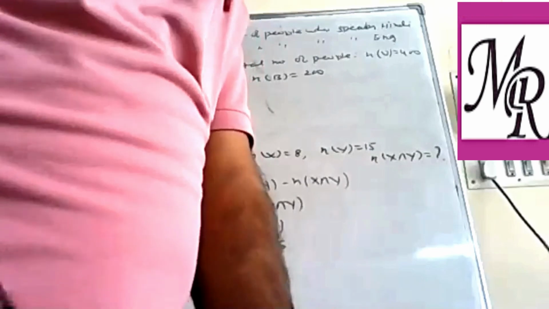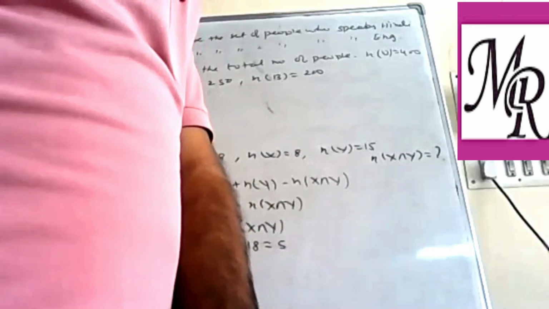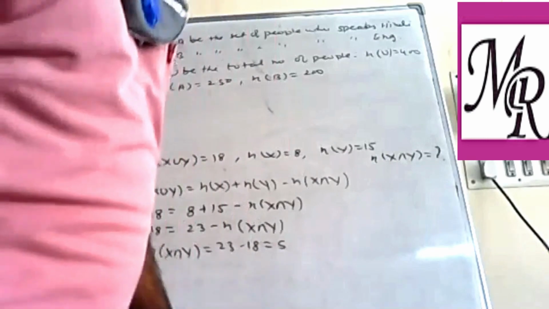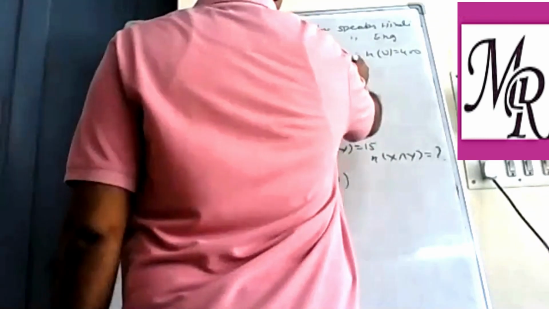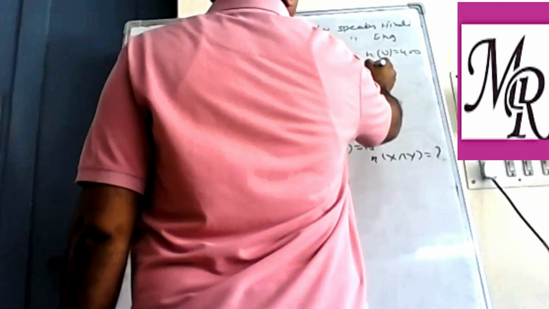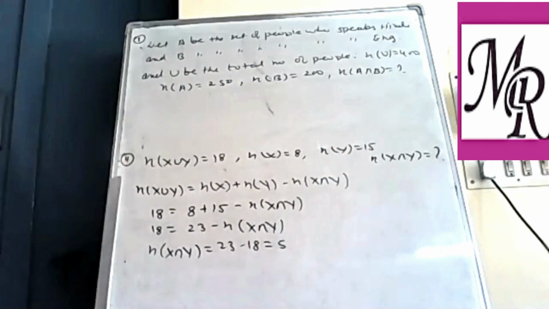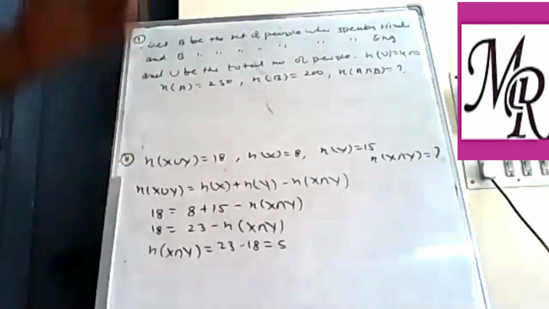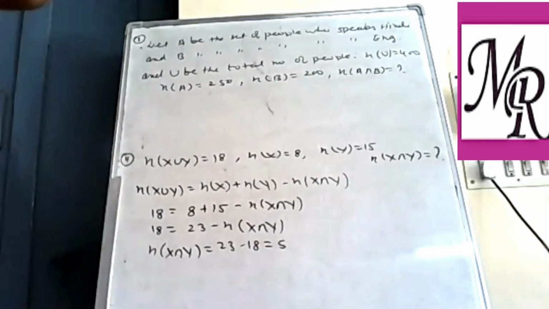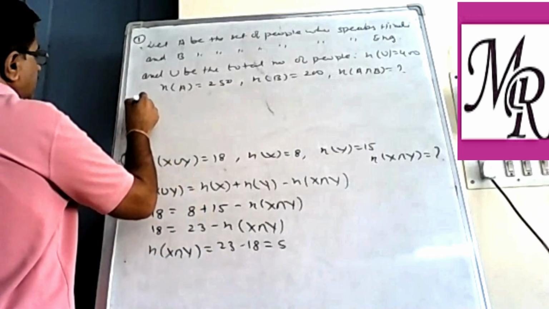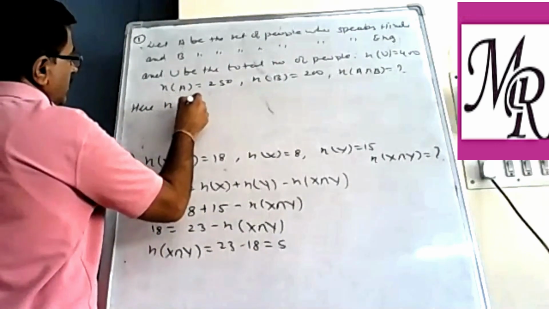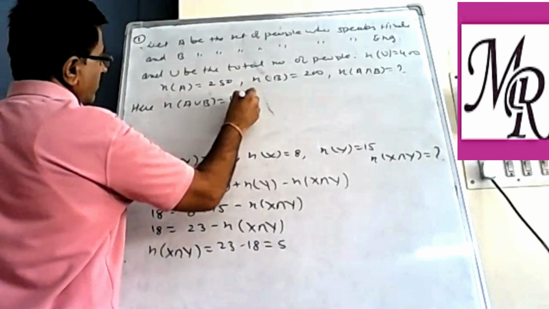Now say, how many people can speak both Hindi and English? So number of element in A intersection B you have to find. So here total number of students, sorry, people are given 400. So that we have considered as a union or universal set also. Because each can speak either Hindi or English. Third language नहीं दे रखा है. That's why we can tell here number of A union B equal to 400.